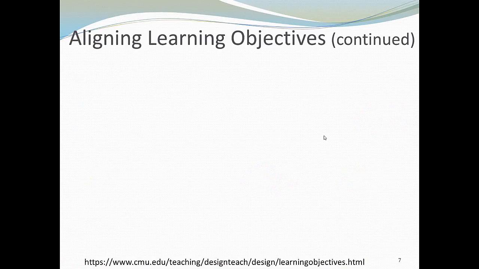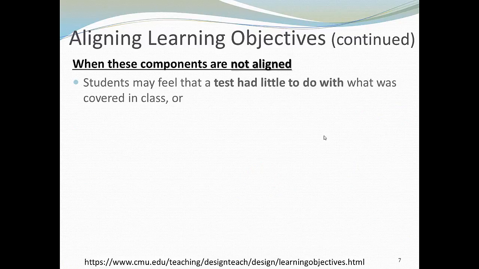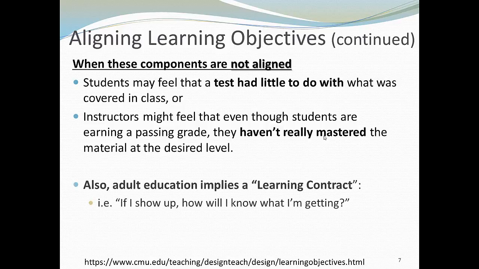If those are not aligned, if they're not all emphasizing the same learning objectives and methods, students can feel that a test had nothing to do with what they were taught. Instructors can feel that, yes, we're testing and people are getting good marks on a test, but they are not showing mastery in the field. So those are common symptoms of a non-aligned set of objectives, assessments, and methods.